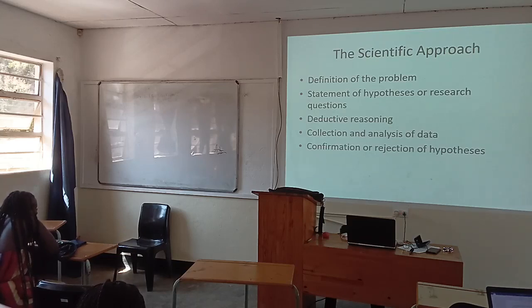We should be able to define the gap in knowledge in the process of doing scientific approach. In the process of doing research, it starts with a definition of a problem.